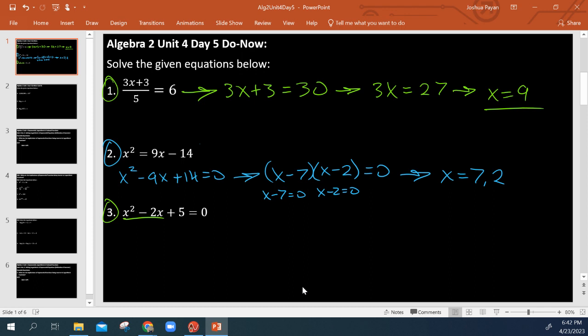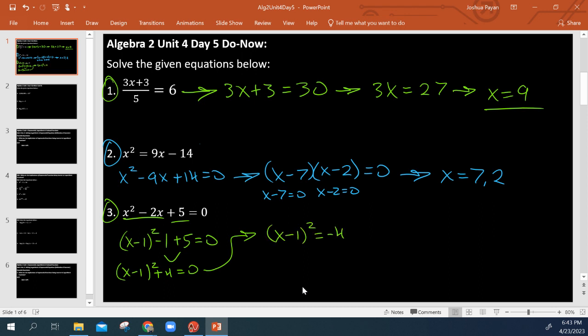B is negative 2. Half of B is negative 1. So x minus 1 all squared minus half of b squared again. So 1 squared is 1. And then I still have the plus 5 equals 0. Now combine like terms. I'm going to subtract 4 from both sides. Take the square root of both sides.